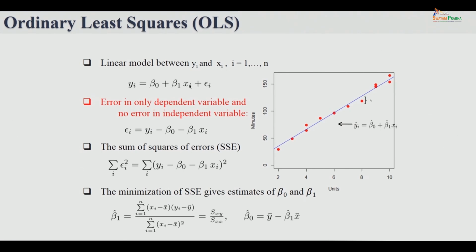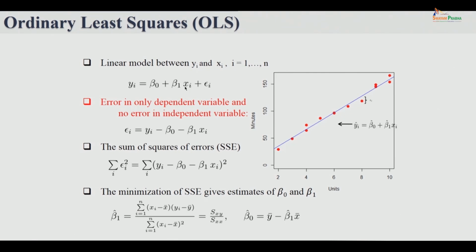On the other hand, the dependent variable yi could contain error, we allow for errors in the reporting of yi, but the error is not what we call a systematic error, it is a random error, that is how we are modeling epsilon i. Or you could also look at epsilon i as a modeling error in this particular case, where you can say this linear model is only an approximation of the truth, and anything that we are not able to explain perhaps can be treated like a random error, modeling error.